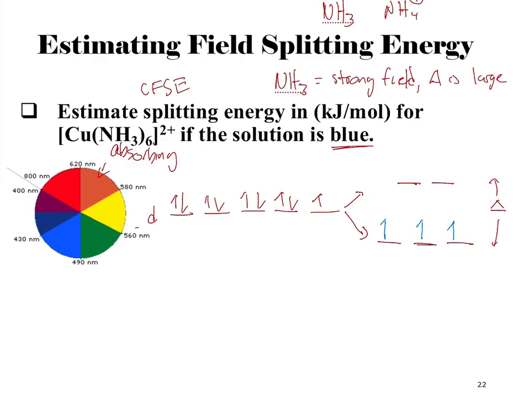So I'm going to start pairing these, so I have 6 there now, and then I go and fill the remaining 3 in the upper energy level. So in the crystal field, we have the same number of unpaired electrons as the non-perturbed or the unchanged copper atom here.